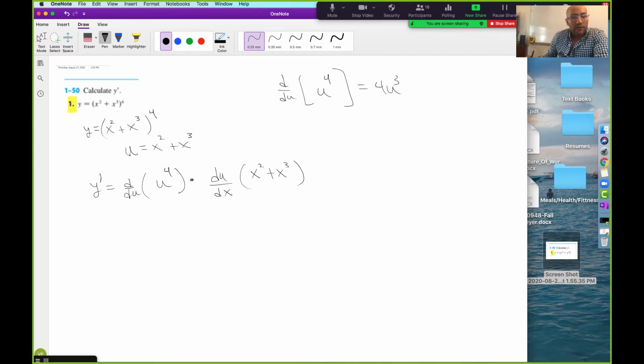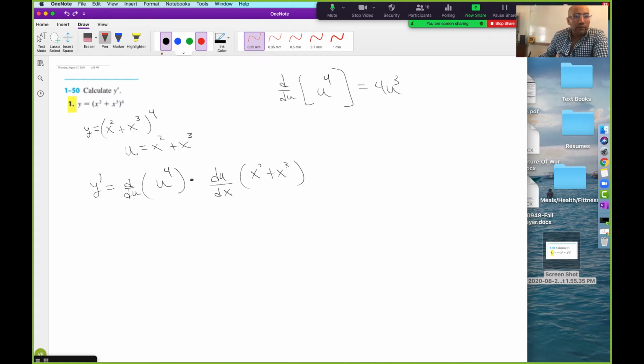Right? So I can put a finger over this part of it, cover it up, pretend this is one giant u, take the derivative of it, and be done with it. And when you're done with that derivative, then we just have to attach to it the end part of it, which is to take the derivative of that function that you kind of ignored. Good.